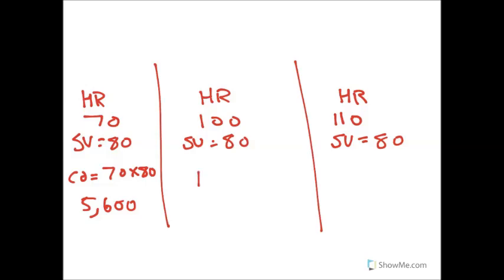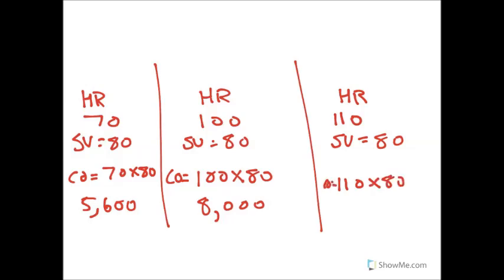But now let's do 100 times 80. That would be the cardiac output here. So being 100 times 80, you're dealing now with an 8,000 milliliters per minute. And if I did 110 times 80 for my cardiac output, 110 times 80 would be 8,800 milliliters per minute. So you can see that heart rate will influence this dramatically.